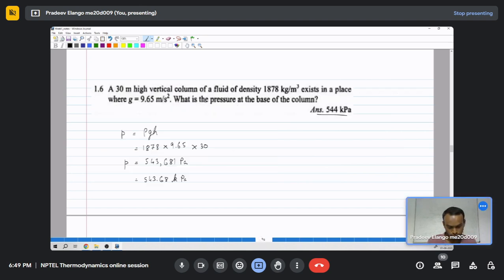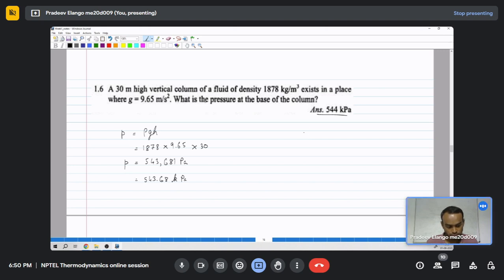Before this one, what is the pressure at the base of the column? We are not considering atmospheric pressure from the top of that vertical column. Yes, so it has to be added in it, no?